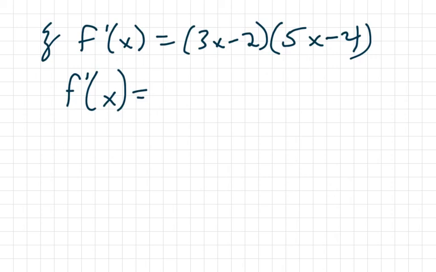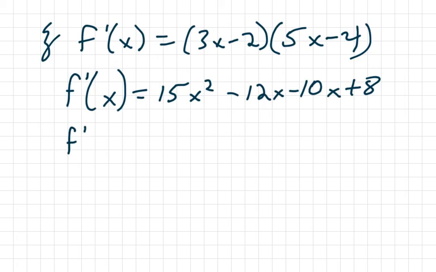So when I distribute everything here, I get 15x squared minus 12x minus 10x plus 8. We'll go a bit further. I'm still using the derivative notation because I haven't done the antiderivative yet.